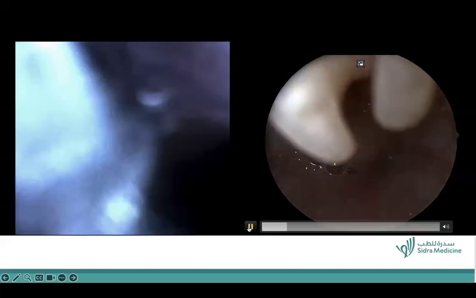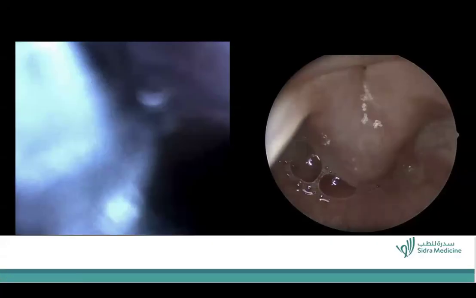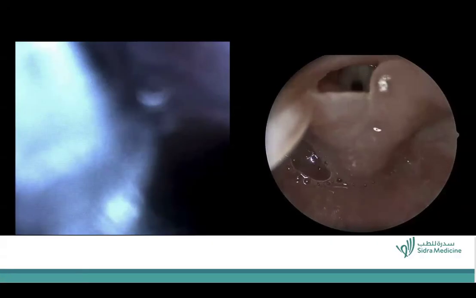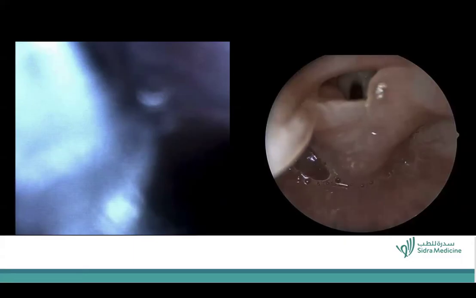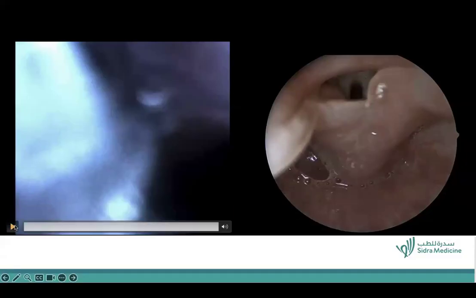And I'm going to play the second one that essentially is the same pathology. If somebody wants to write in the chat or unmute themselves, please mention what diagnosis you feel this is.